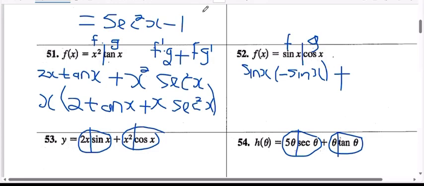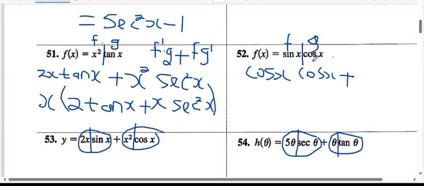Let me quickly do this. If f is sin x, differentiating that gives cos x. Then I'm going to write g, which is cos x, right?